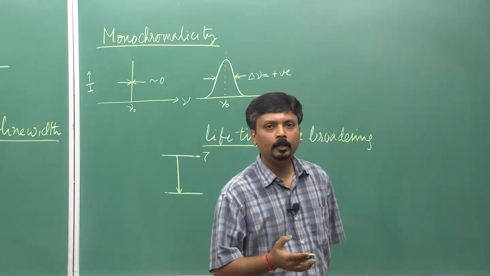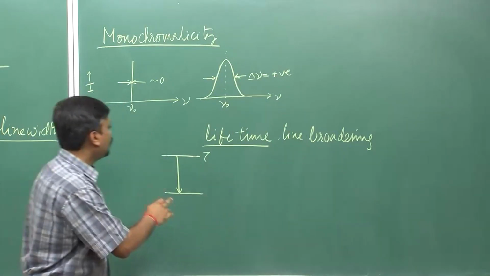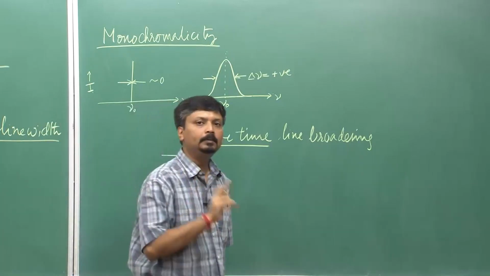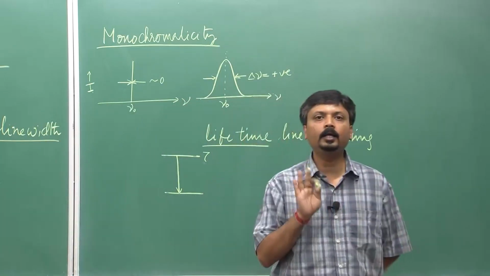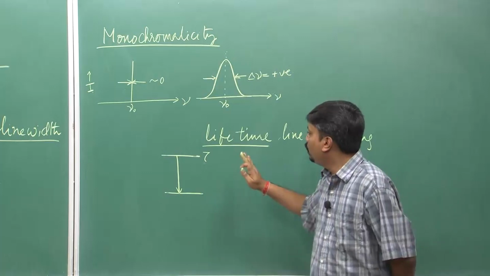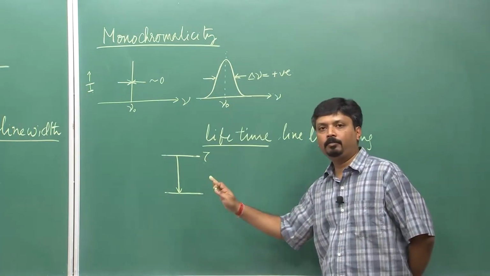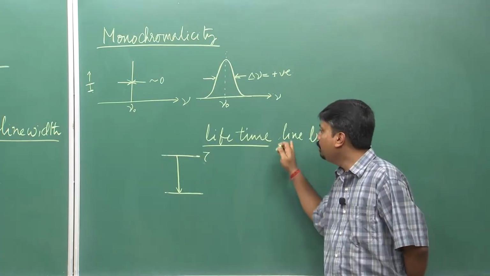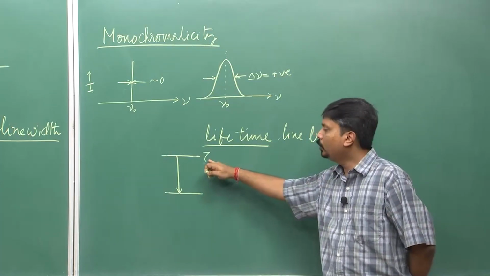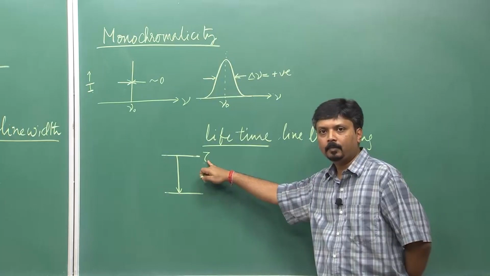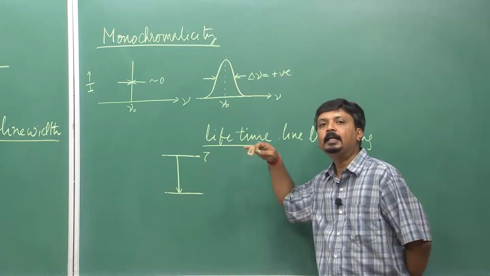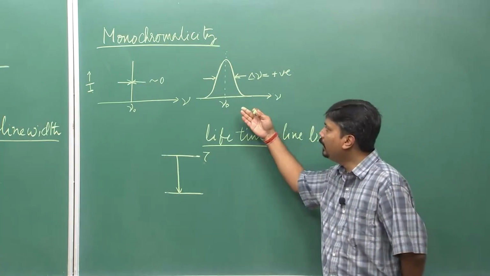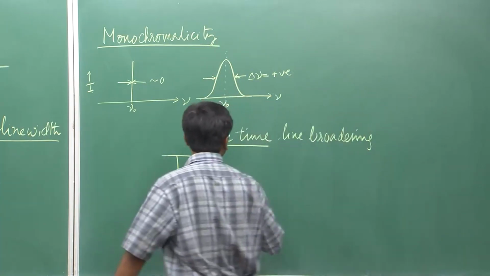The lifetime of a state is its intrinsic property under a given condition, so I cannot get rid of it. Therefore, the line broadening due to the lifetime of a state is very natural to any system, and this corresponding line width is known as natural line width.